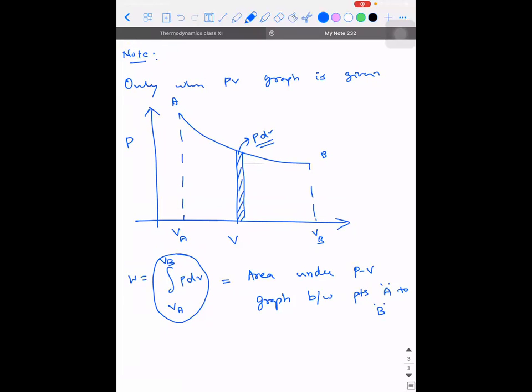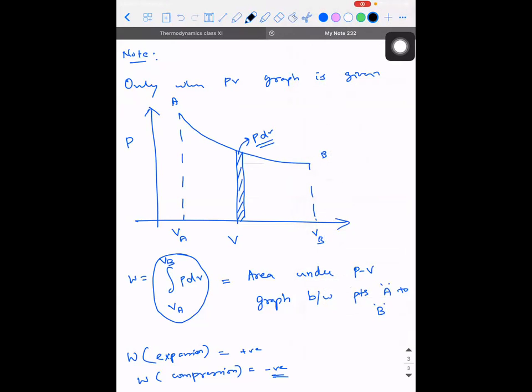Next, work done in the process of expansion is positive. Work done in the process of compression is negative. Clear?